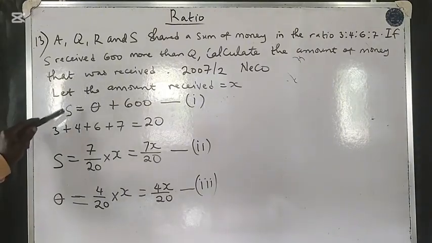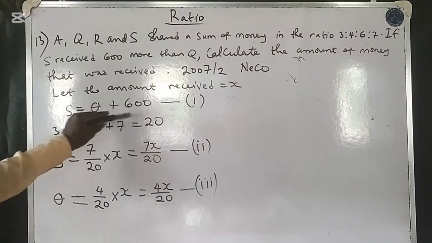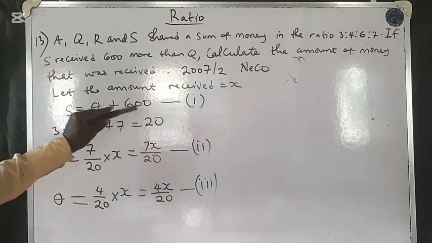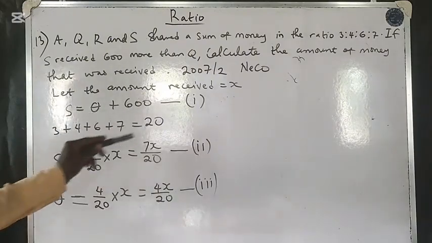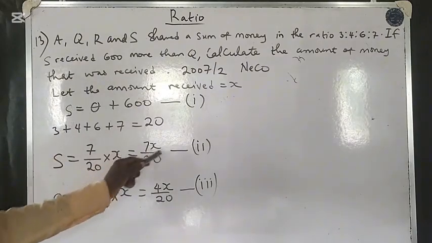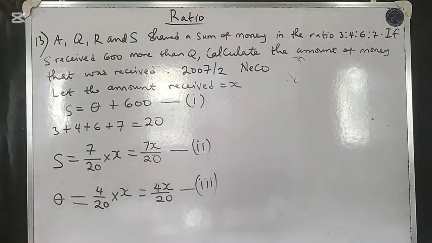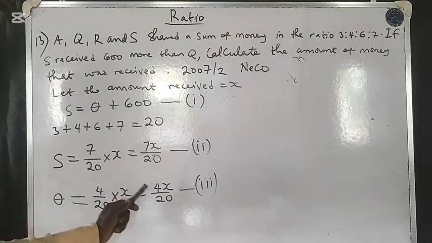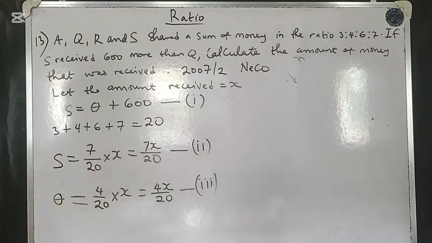The first one, we are told that S receives 600 more than Q, that is Q plus 600. S received this value, which is the normal way of finding the share of a particular person. Then Q got this.